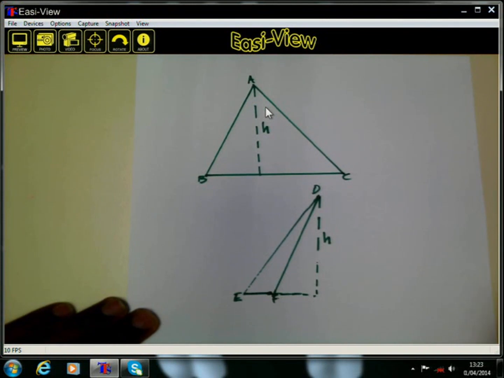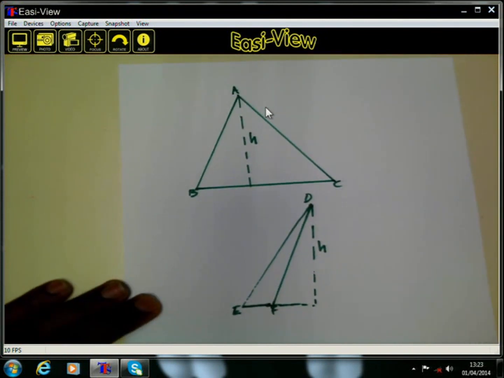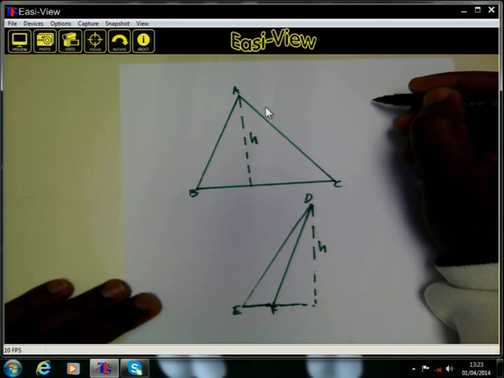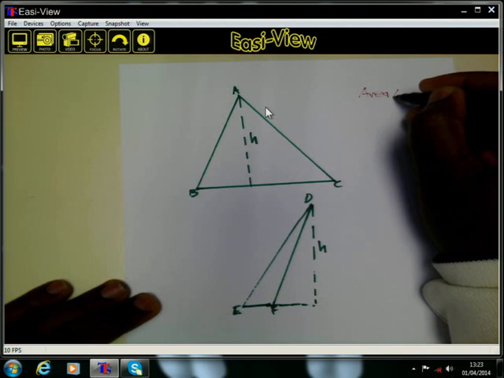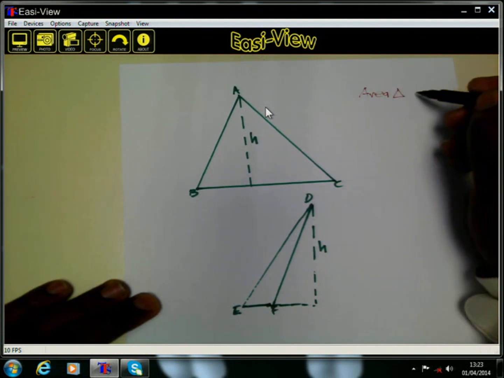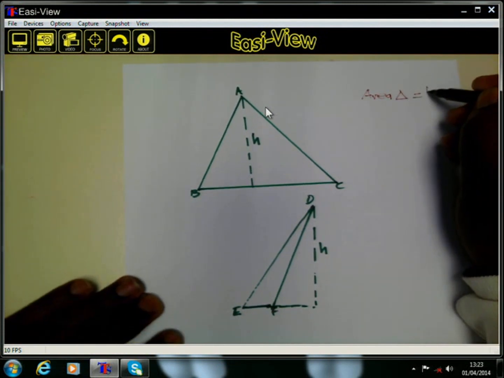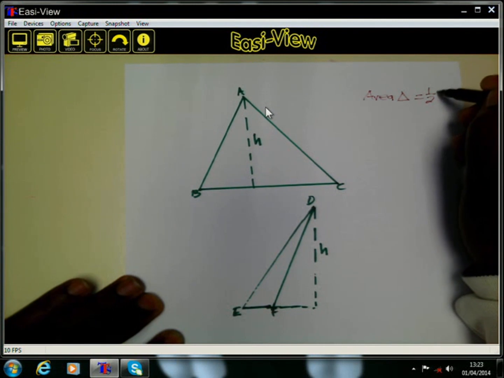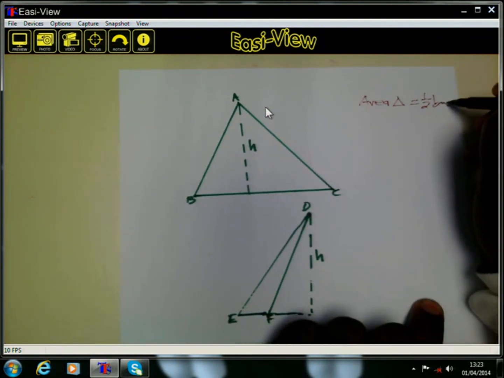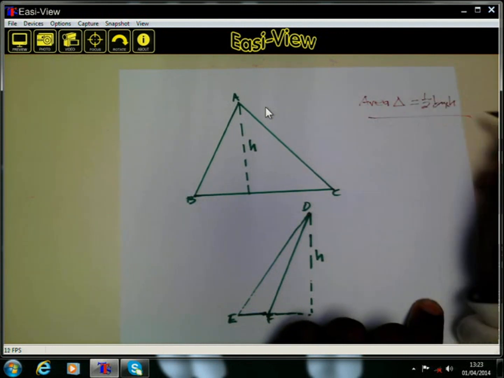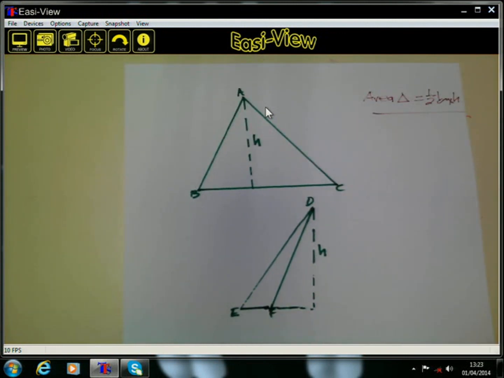With the knowledge that we had from grade 10 about determining the area of a triangle, we normally say the area of a triangle is equal to half base multiplied by perpendicular height. This is the formula that we normally use to determine the area of any triangle.